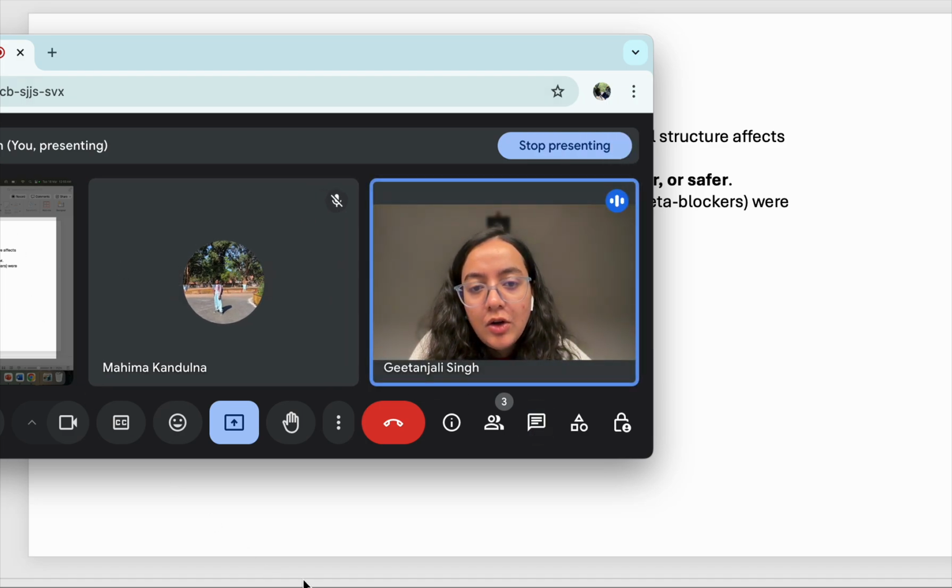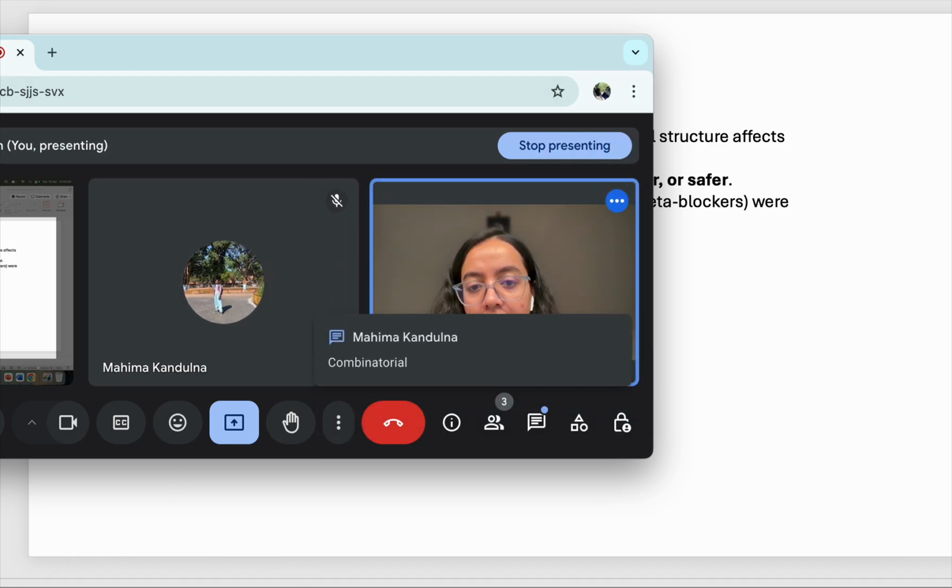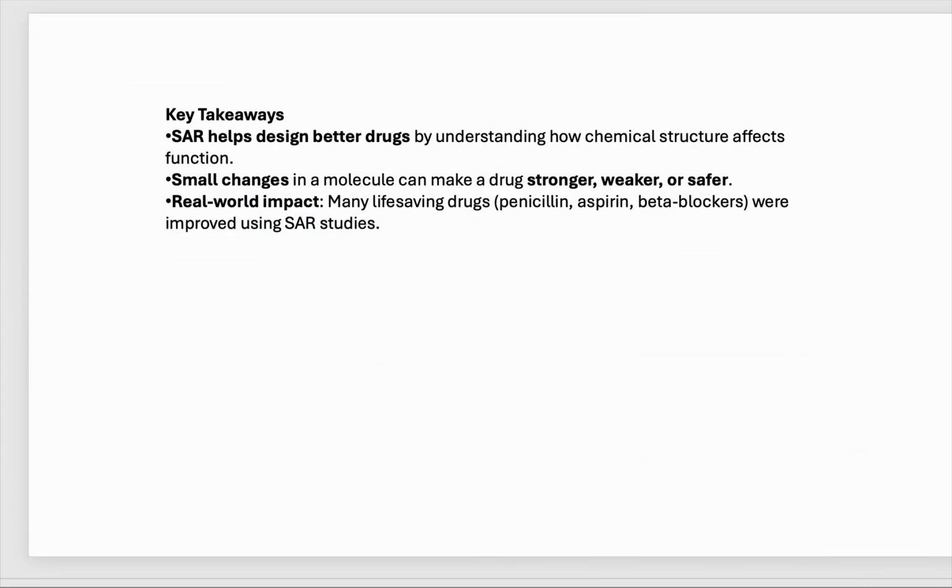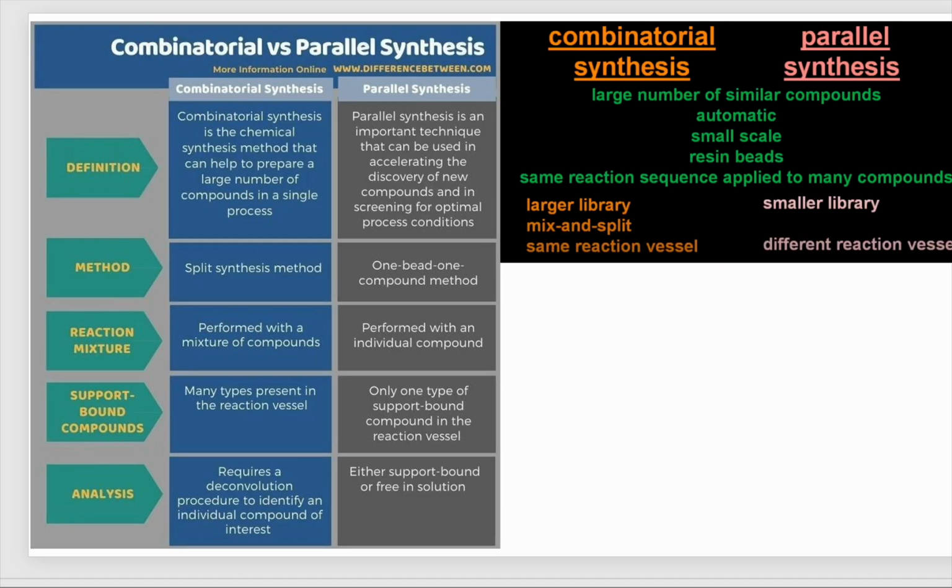Mixed combinatorial synthesis. Okay. It is actually quite messy. In combinatorial synthesis, these are all based on solid supported reactions.